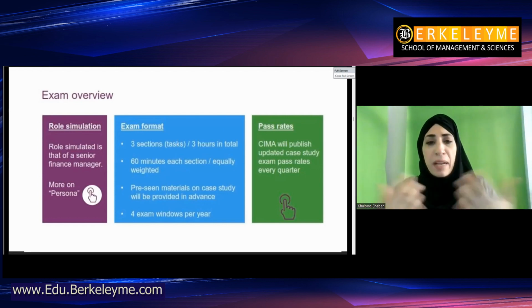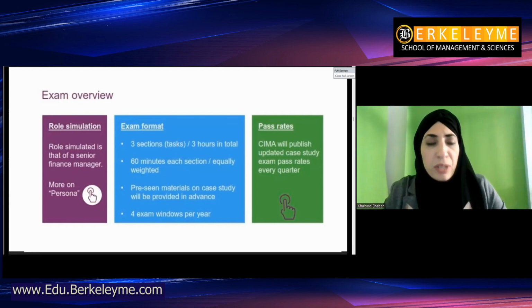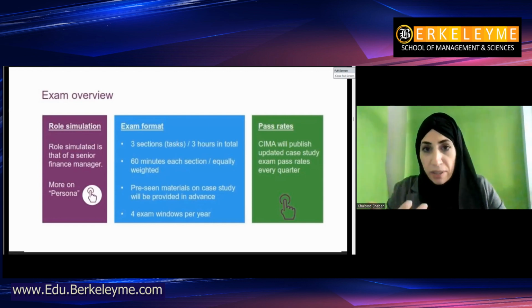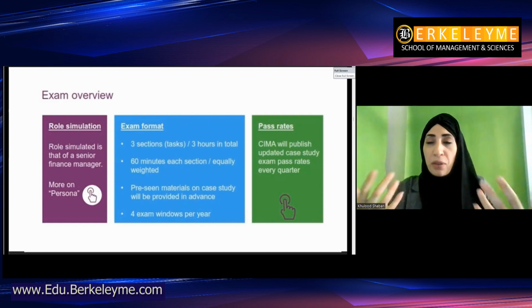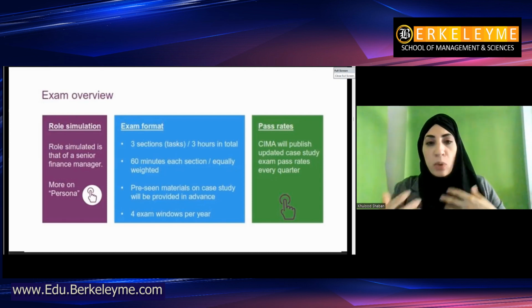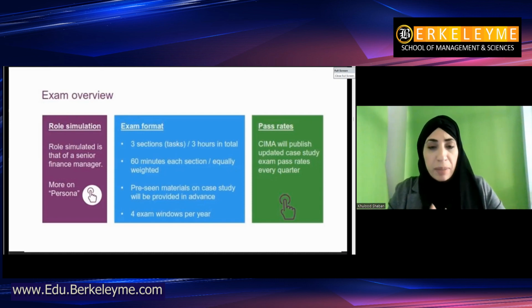There are lots of business valuations, all these topics which will be addressed. You will have to advise the management. There will be 3 sections in a total of 3 hours. So each section will have 1 hour, which is equally weighed, like in terms of marking, it will be equal marks for each section.